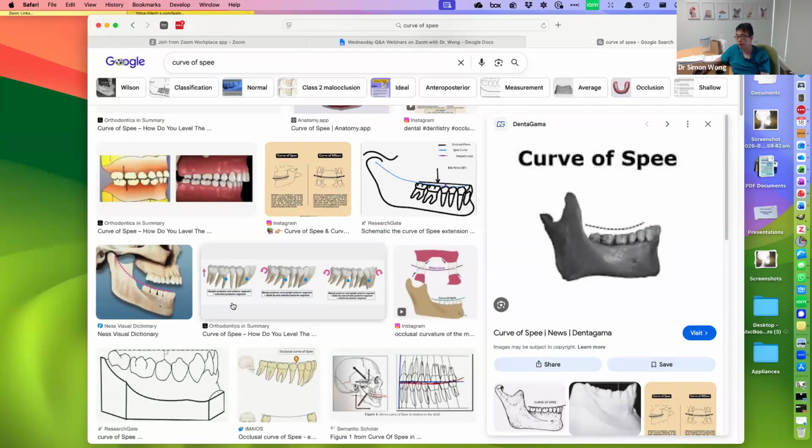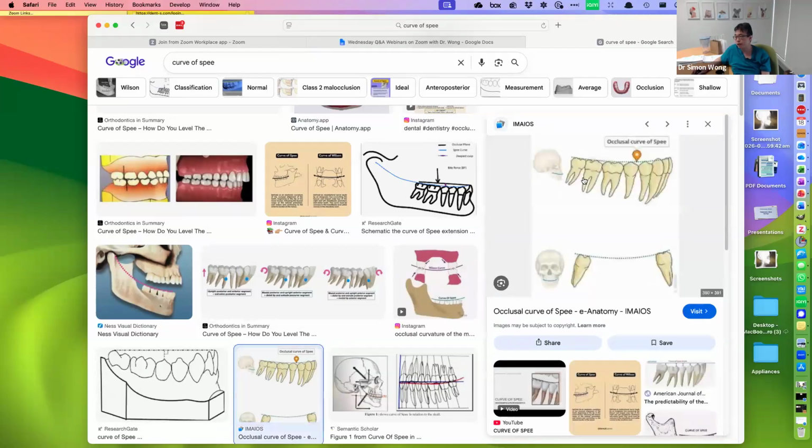Why do we try to eliminate the curve of Spee? So in restorative dentistry, we don't eliminate the curve of Spee. The natural bite relationship has a small curvature to it. In orthodontics, we try to eliminate the curve of Spee.